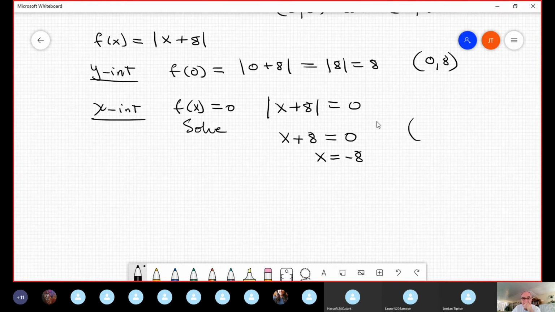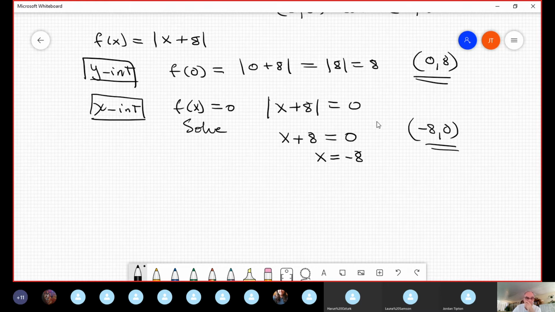And the point is -8, 0. This is the y axis, and this is the x axis. Let me try to roughly sketch to understand this function. X, Y. I plot this point 0, 8. 1, 2, 3, 4, 5, 6, 7, 8.